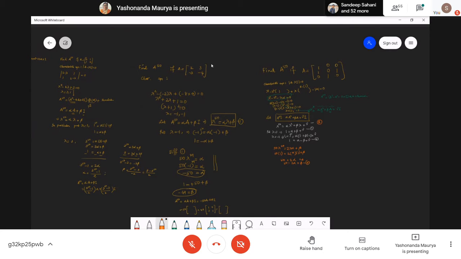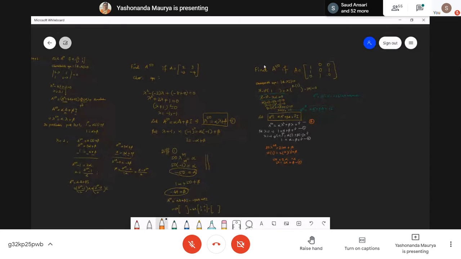Is this clear? I want to move on to the next topic now. Our test portion includes matrices, and the next topic that we have is complex integration.